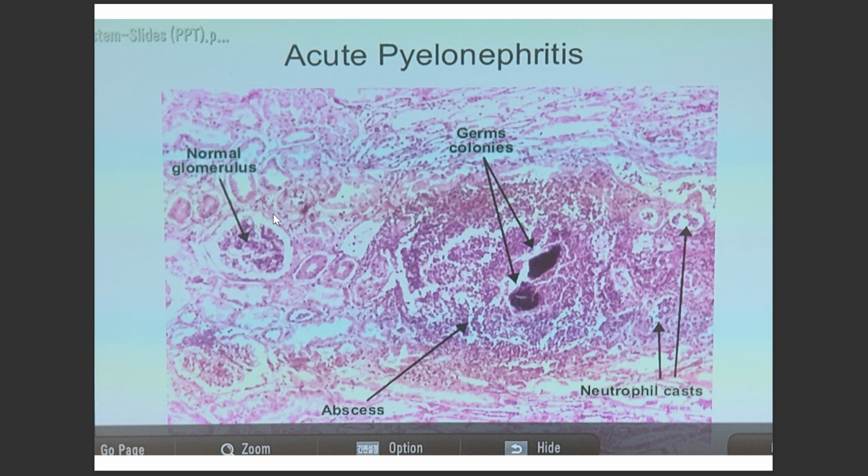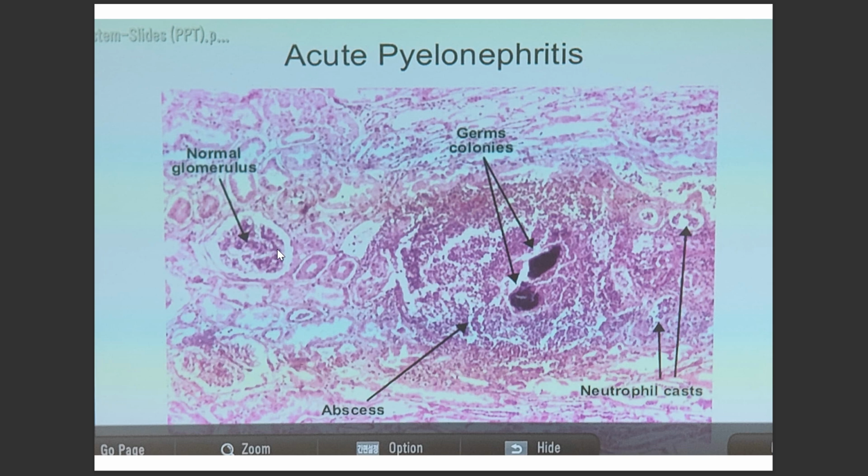You see that here the Bowman's space is normal. If there is no space of Bowman's capsule present, then we can say that the glomerulus is abnormal, because that occurs when the glomeruli are inflamed and inflammatory cells are deposited in the tuft of capillaries.